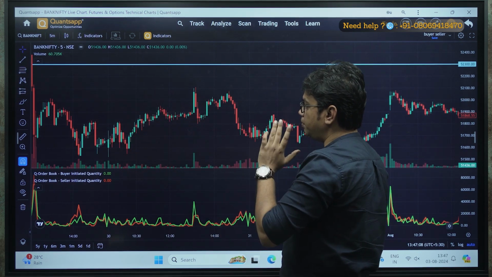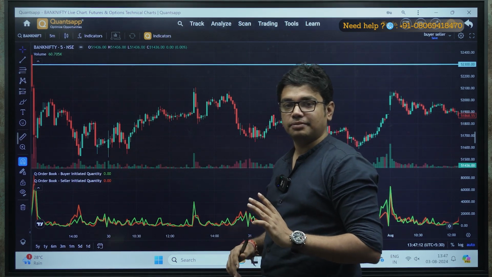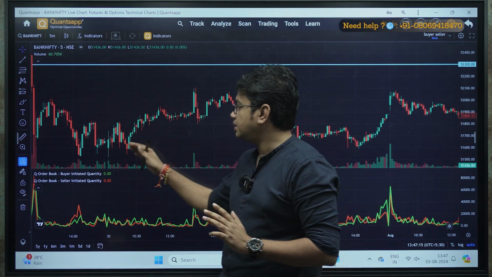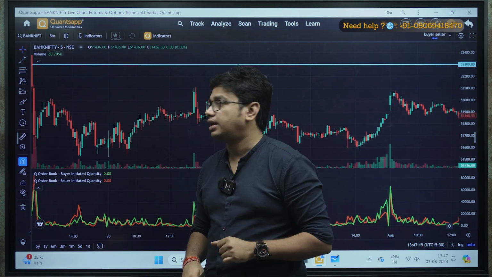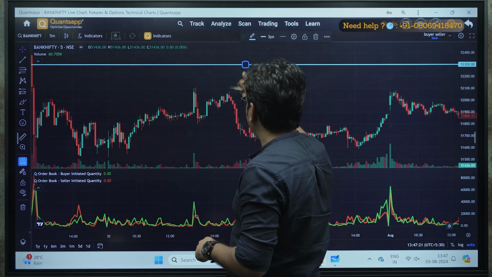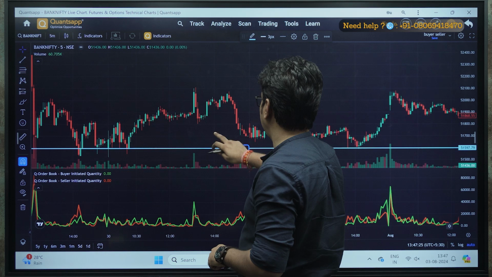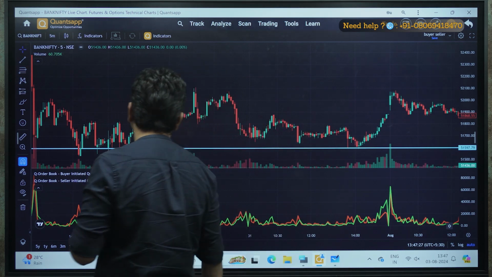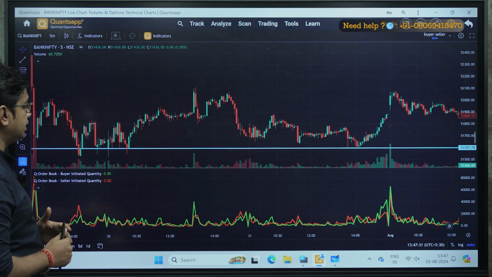But the best thing is that I got the support level over here. Because of the support level, my stop loss will be much lower as compared to a resistance breakout. So I'll mark the support level over here. This is a support, and I'll wait for a retest. Then after the retest I can initiate the trade.